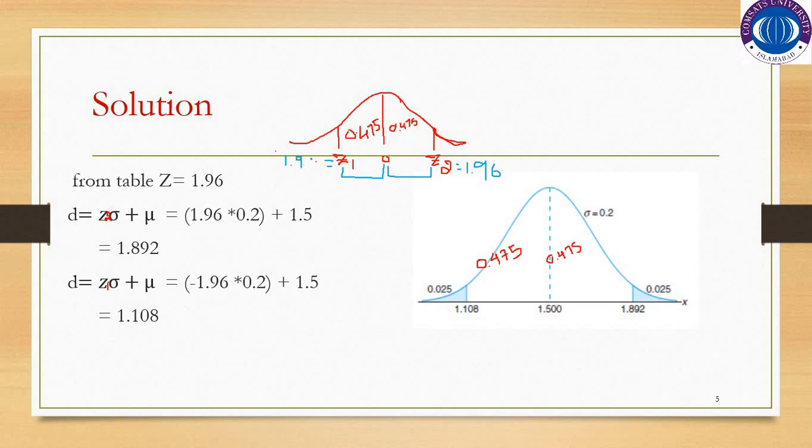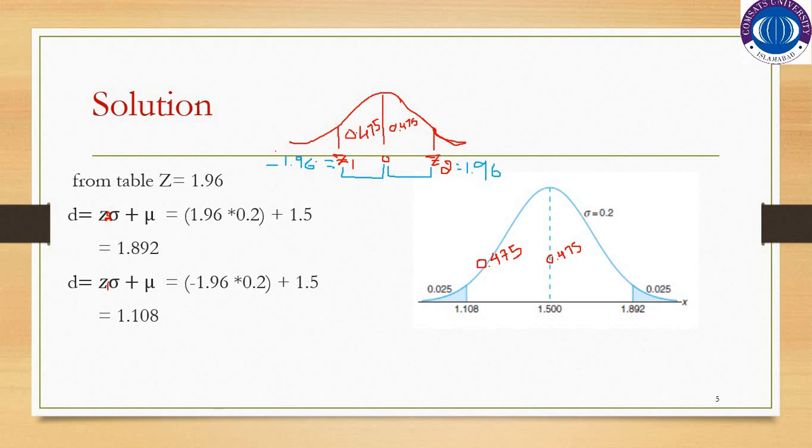As this is before the mean 0, this will be negative, and this is at the right side of the mean, so this is positive, and this is at the left side of the mean, so this is minus 1.96.